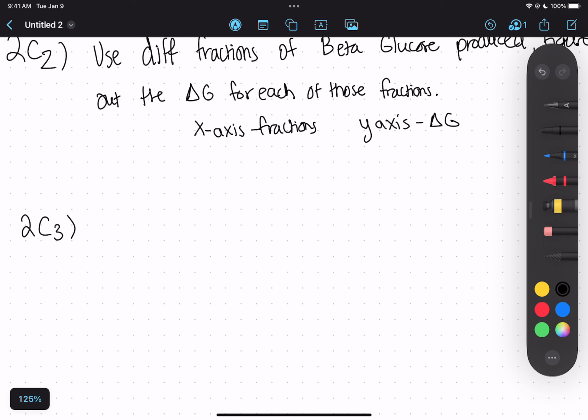If I had 3 joules and I took half of that, do I get a smaller or a bigger value?